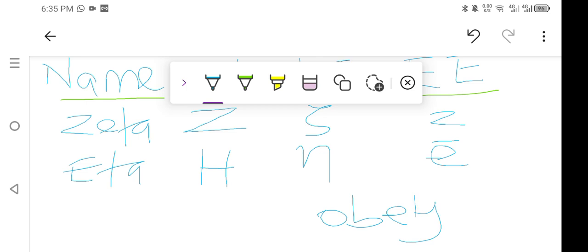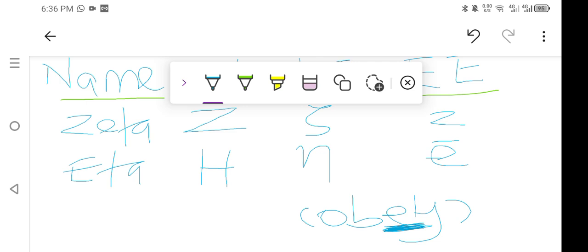Now you hear the sound of the E in obey is prolonged. So in Greek writing, where the E sound appears strong and prolonged, like in this word obey, they would write it with eta instead of epsilon.